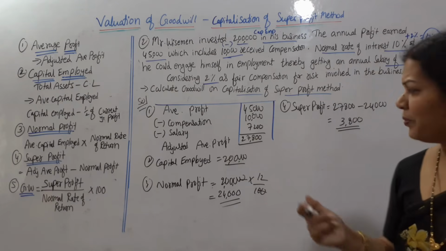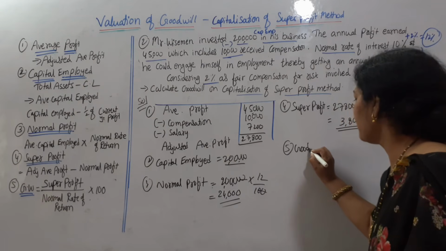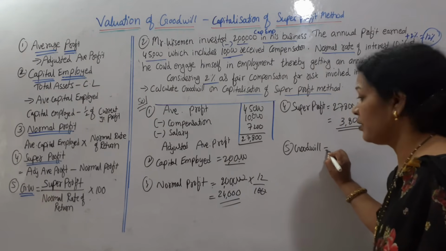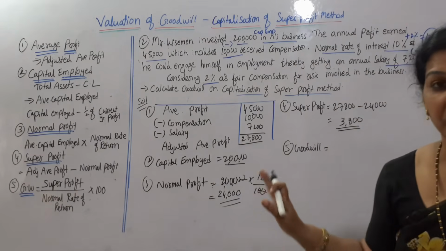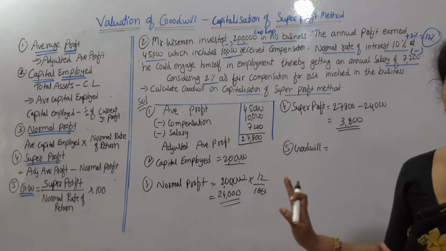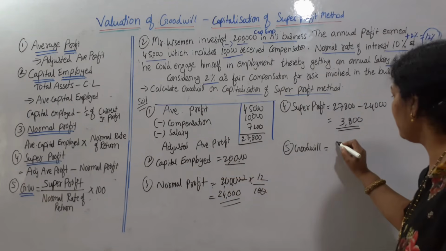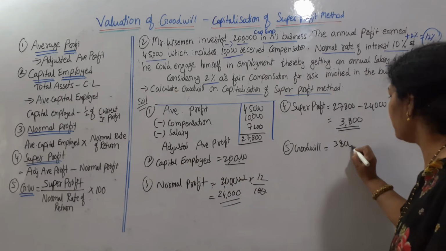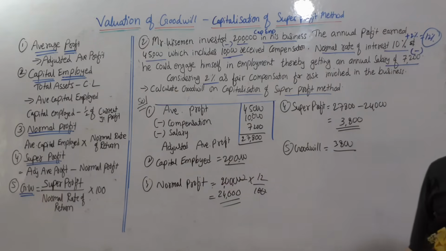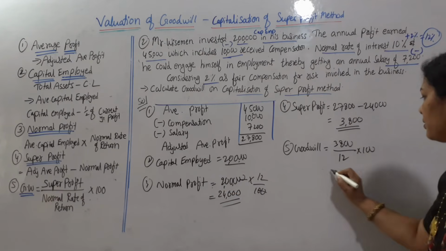Next, what else? Goodwill. Please remember, write the formulas, then after that the calculations. Anyway, I have already written the formulas, that is the reason I am not writing them again. Goodwill is super profit divided by normal rate of return. Super profit is here 3,800, divided by normal rate of return, 12 into 100.